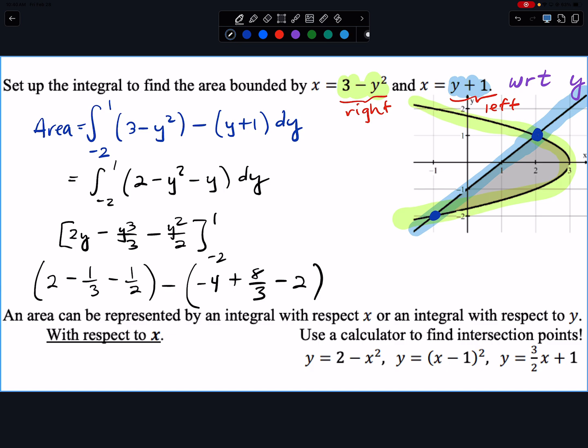And then we've got all the fractions. What would be my common denominator? 6. So it's going to be 12/6 minus 2/6 minus 3/6 minus -24/6 plus 16/6 minus 12/6.